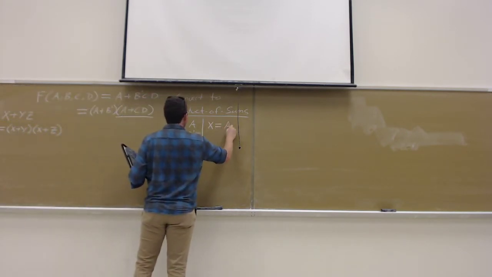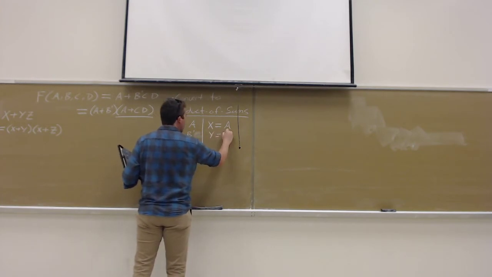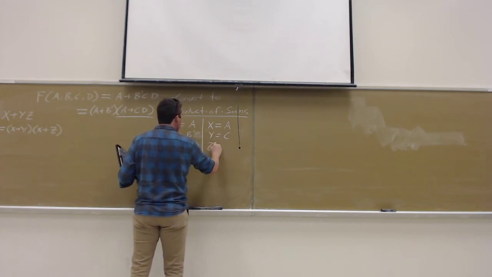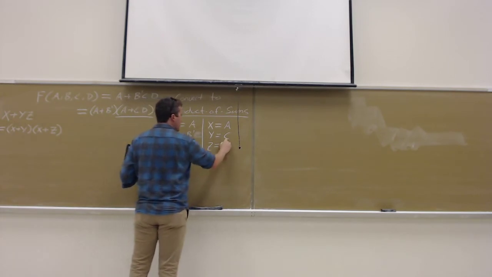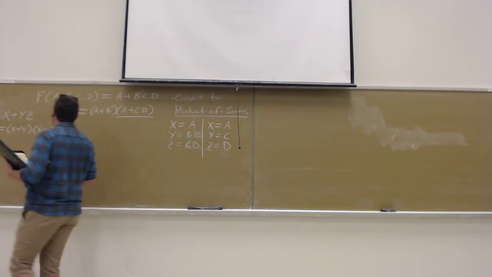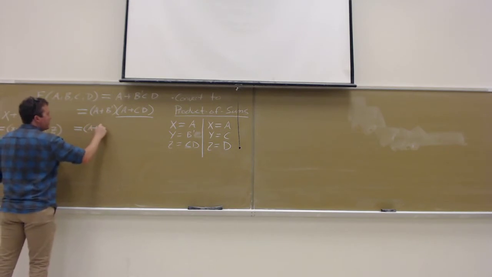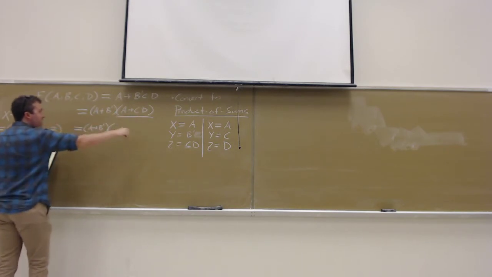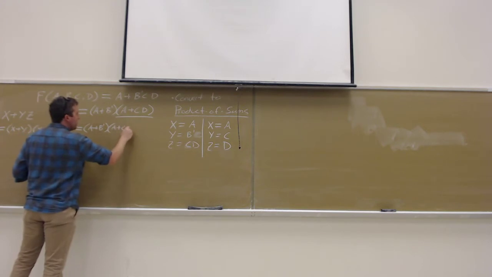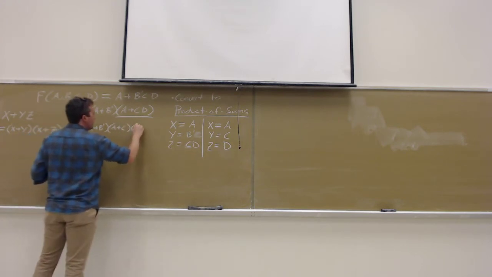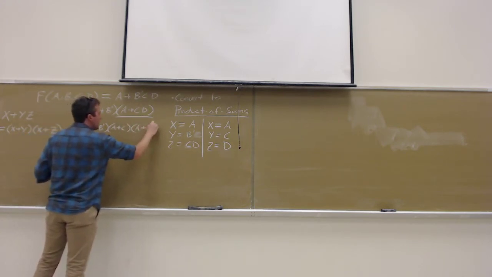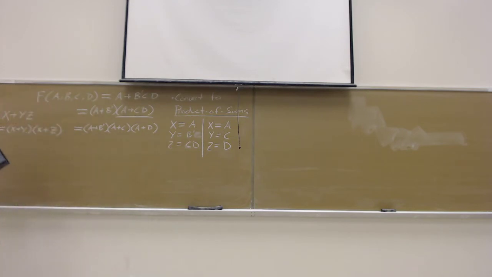X equal to A, our Y was equal to C, and our Z is equal to D. And that got us, we still had A or B naught, and then A or C and A or D. And there we go. Converted into the product of sums.